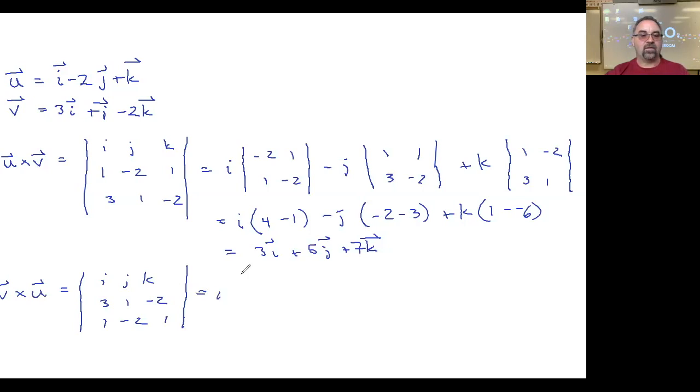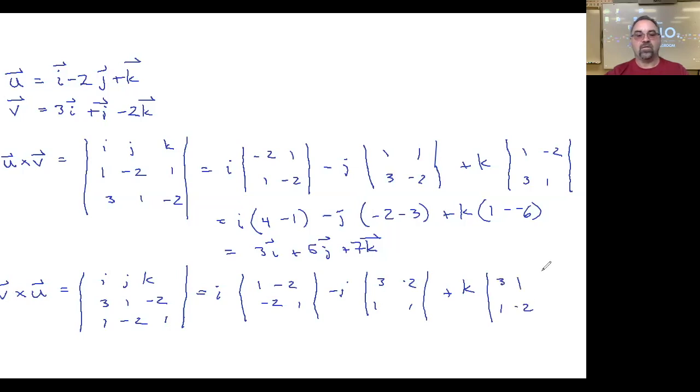I is going to be multiplied by 1, negative 2, negative 2, 1 now. Negative j is going to be multiplied by 3, negative 2, 1, 1. And k is going to get multiplied by 3, 1, 1, negative 2.